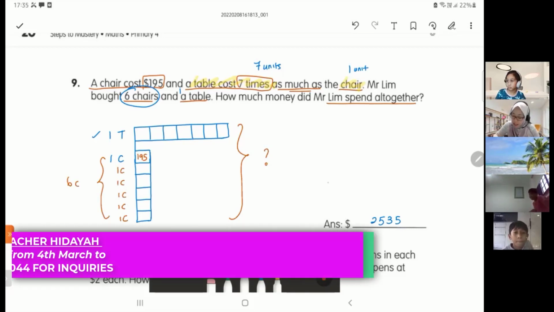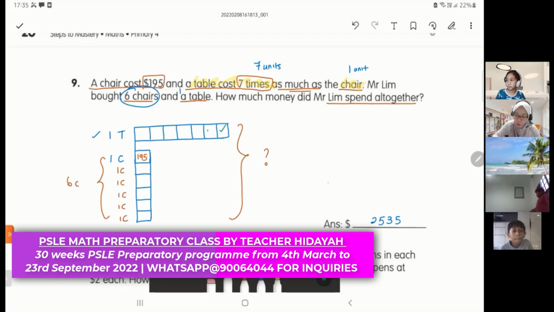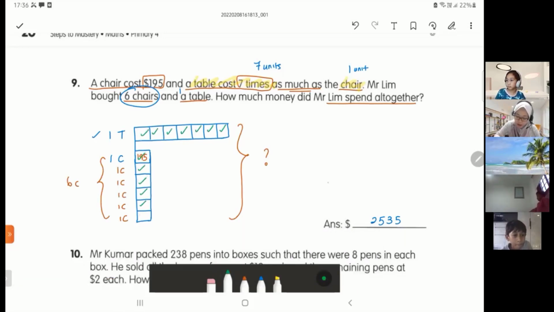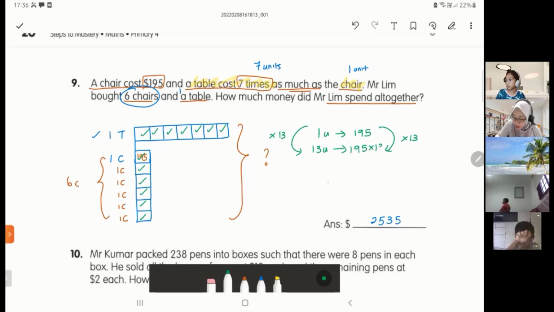Now altogether, let's count how many units in all: 1 unit, 2 unit, 3, 4, 5, 6, 7, 8, 9, 10, 11, 12, 13. 1 unit is 195. 13 units is what I want to find, right? From 1 to 13 is times 13. So over here must also times 13. 195 times 13 equals $2,535. Lutfi is correct. Very good, Lutfi. Okay, good job.